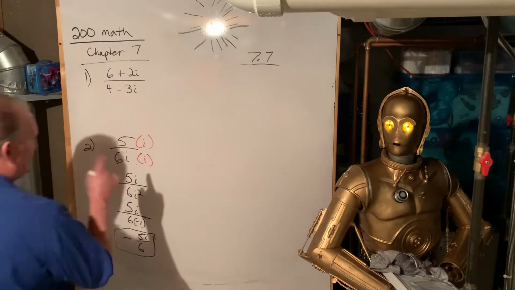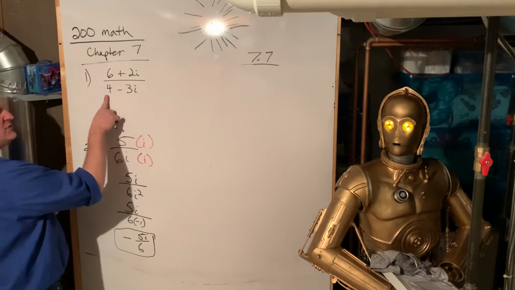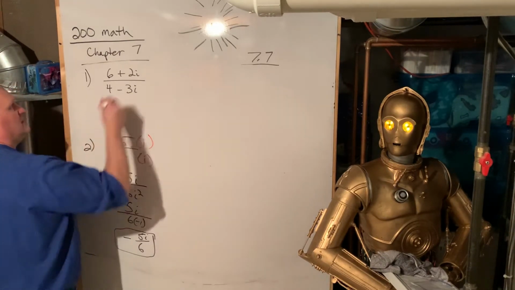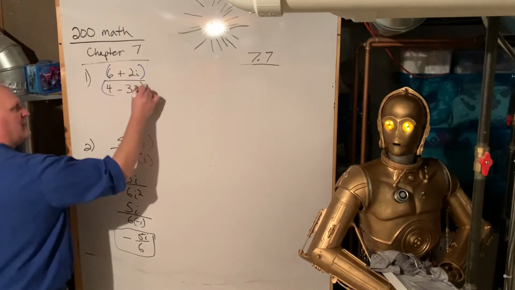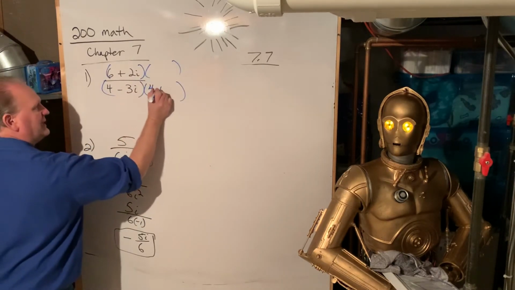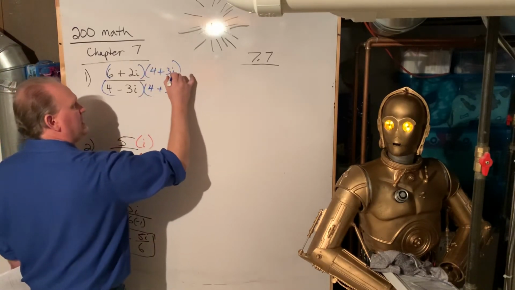This one is a little tougher because we can't just multiply by i. If we multiply the bottom by i, we have to distribute, and then I end up with 4i. So this one, we have to actually do the conjugate. So I'm going to multiply by its conjugate. That is 4 plus 3i. And now let's see how that shakes out.